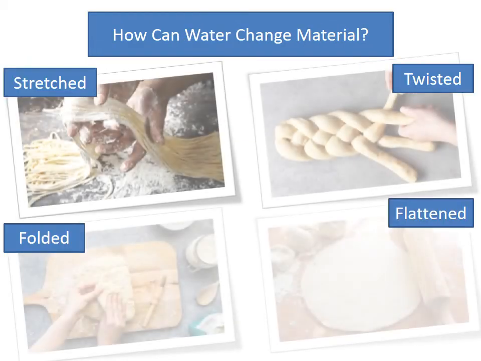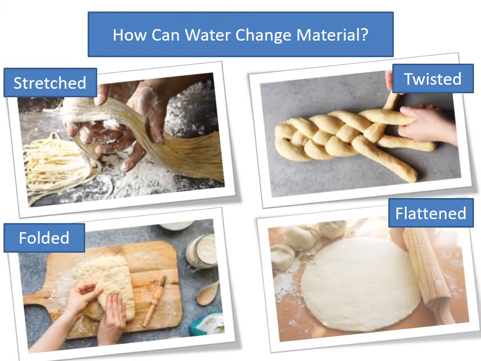How can water change materials? Some materials change when they are mixed with water. When dry sand gets wet, the tiny grains stick together. Wet sand can be molded to form different shapes. The same goes for the flour.